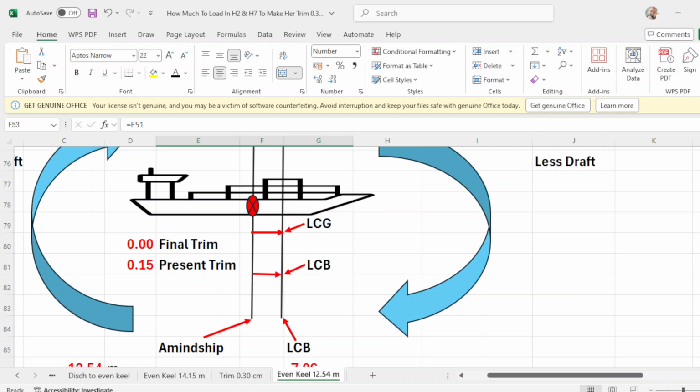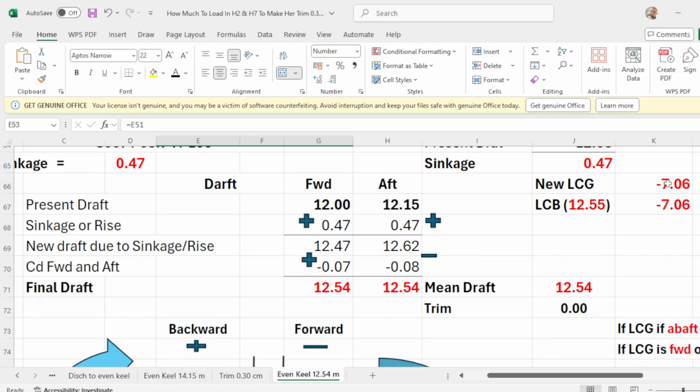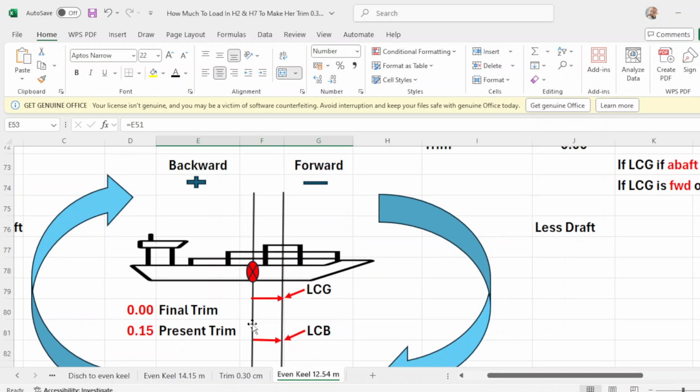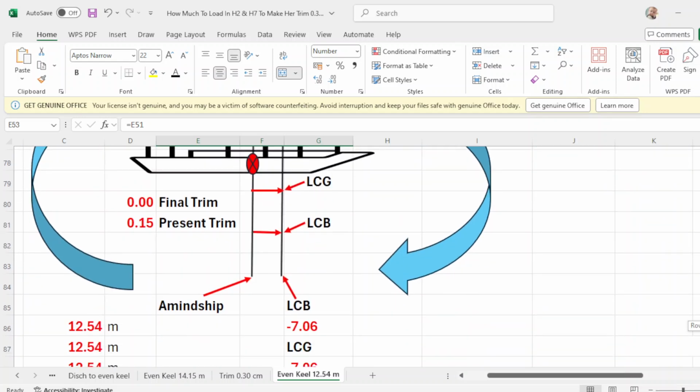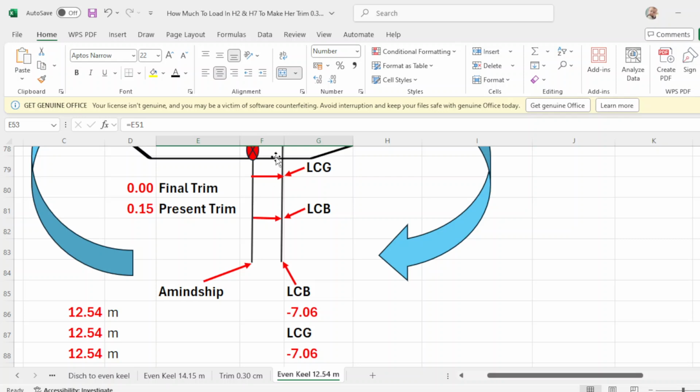And since your LCG is the same as this LCB, which is negative 7.06 in a vertical line, so LCG is from your amidship moving forward 7.06 in a vertical line. So LCB and LCG are in line in a vertical line, which makes the vessel even keel.